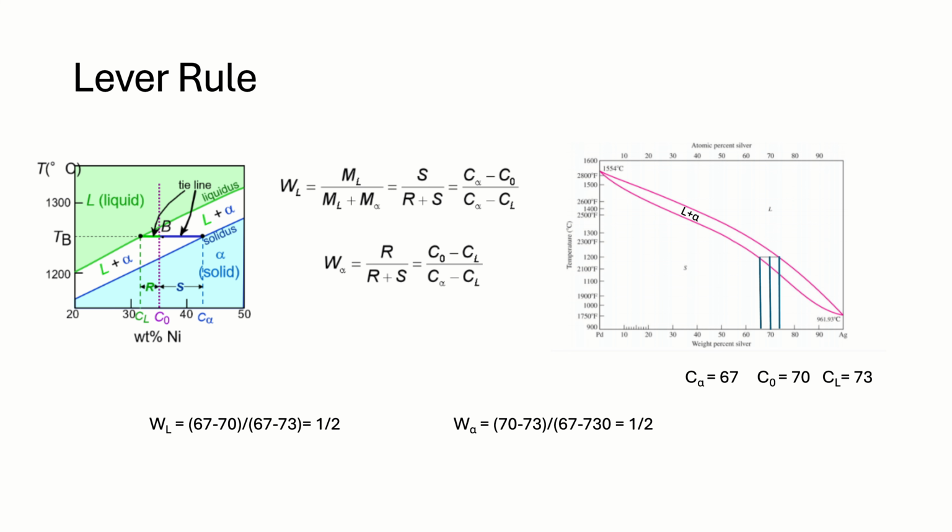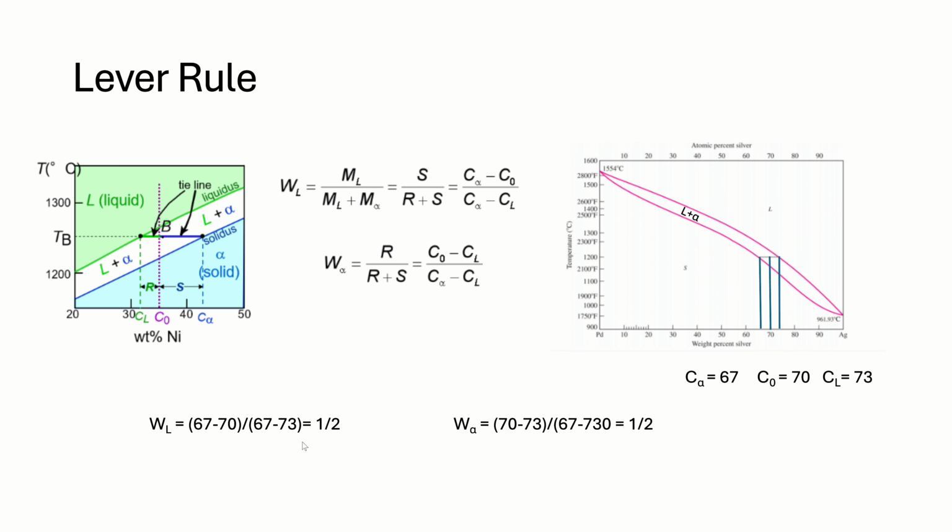And after we calculated WL and W alpha from our graph, you can see that the distance from CL to C0 and from C0 to C alpha were pretty much the exact same distance.